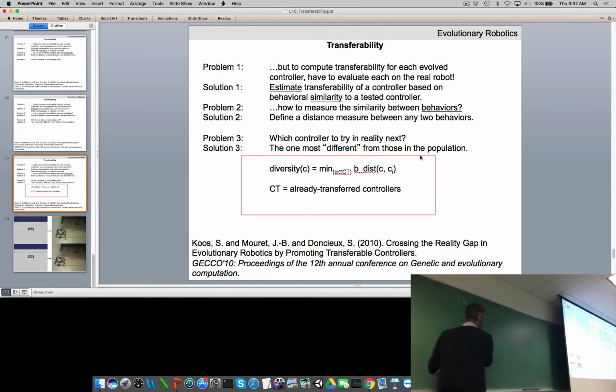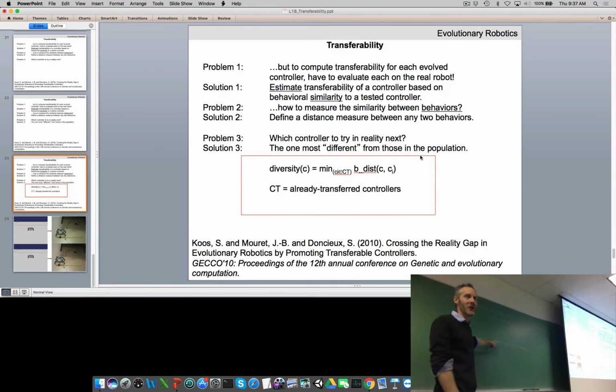So I'm just going to do this in one dimension for you. Let's imagine we have C here, and the other CIs, I'll just do C prime. The other CIs are out here, so it's starting to look like C is pretty diverse, but it turns out there's another one here that we've already sent to reality, right? This is the minimum distance here.